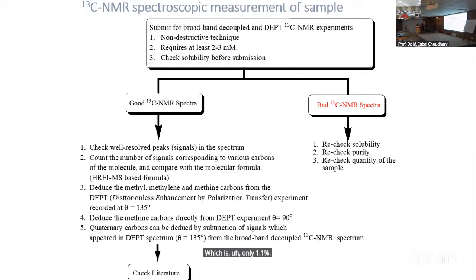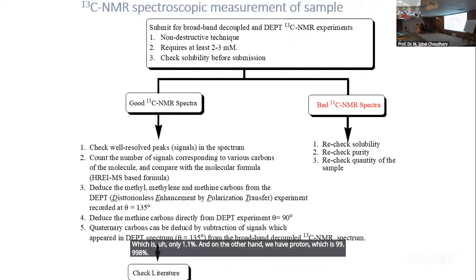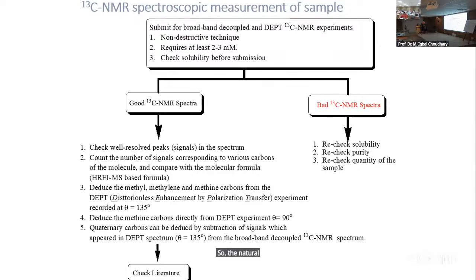On the other hand, proton has 99.98% natural abundance. So altogether, C13 in natural abundance is 6,000 times less sensitive than proton.